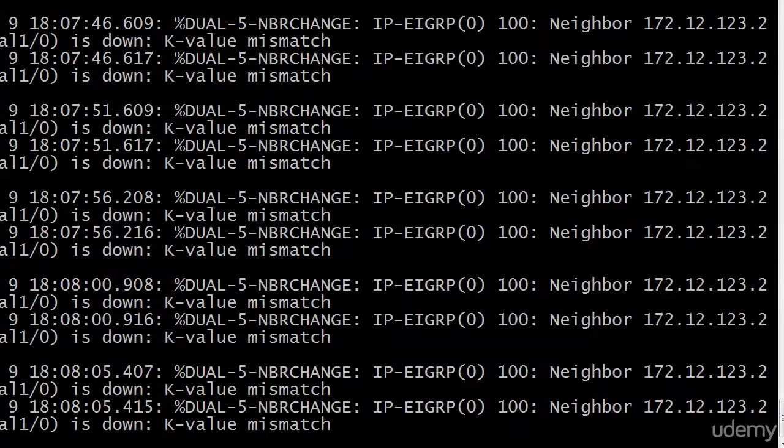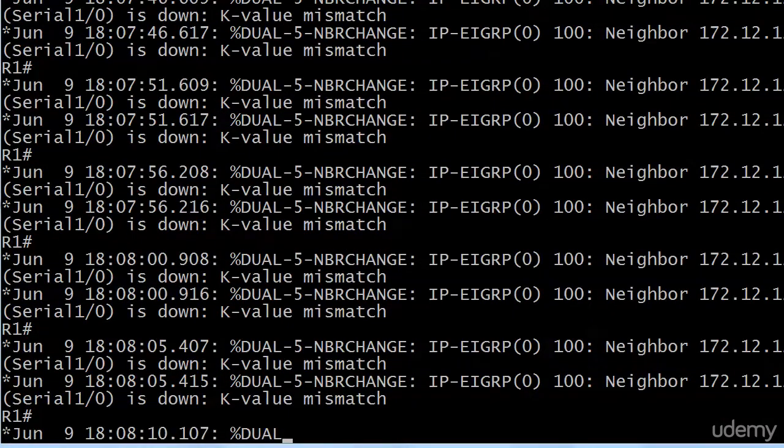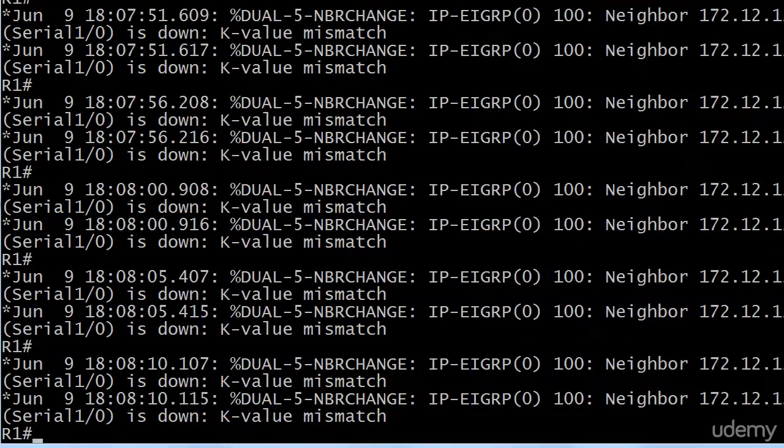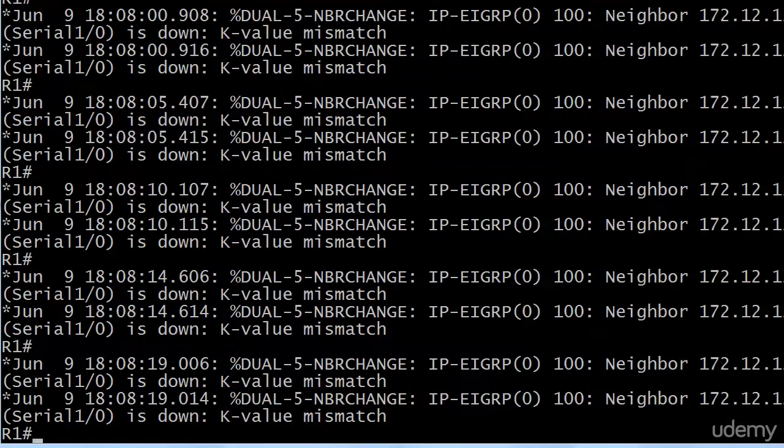So we're getting quite a few messages here. I'm a big believer in the power of certification and knowledge, but I'm pretty sure just about anybody could look at this debug output and see what the problem is. It is a K-value mismatch, by golly.